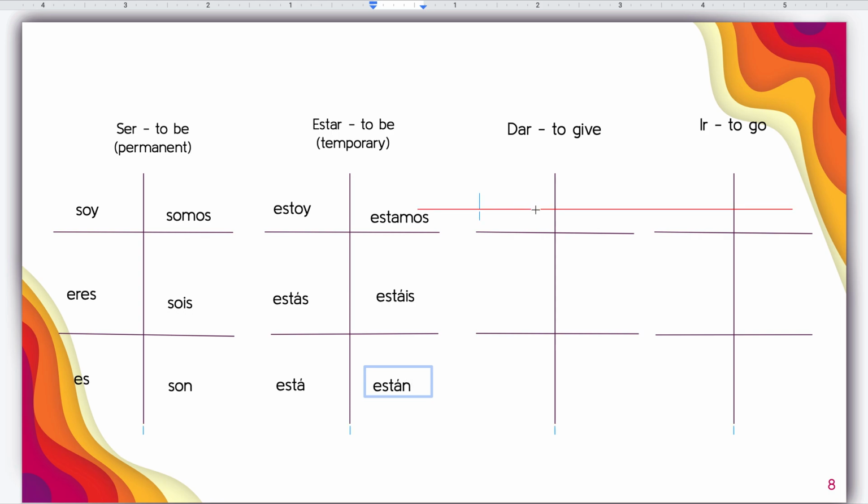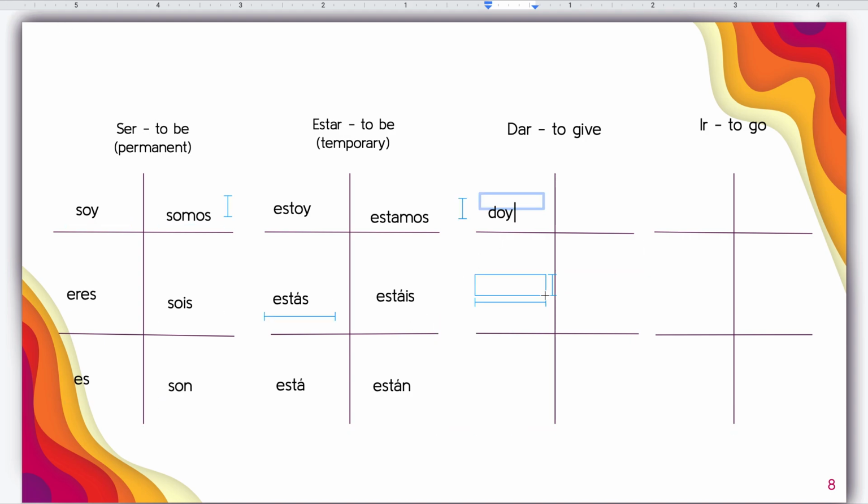All right, dar is to give. The yo form of dar is doy. The tu form of dar is das. The usted form is da. Nosotros is damos.